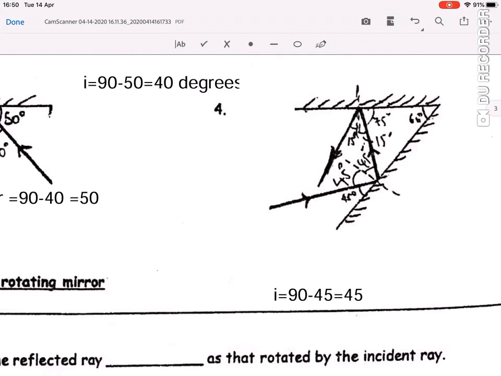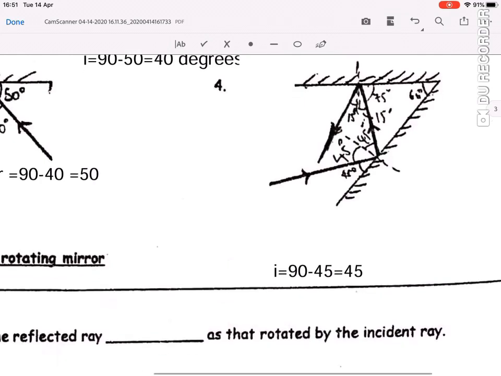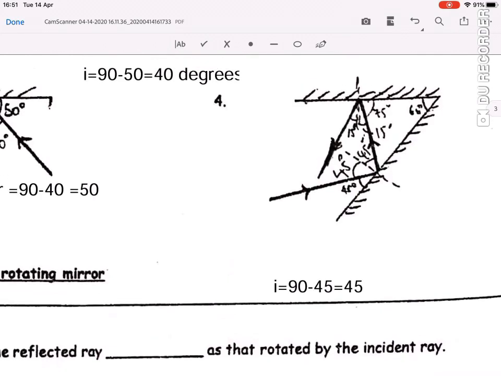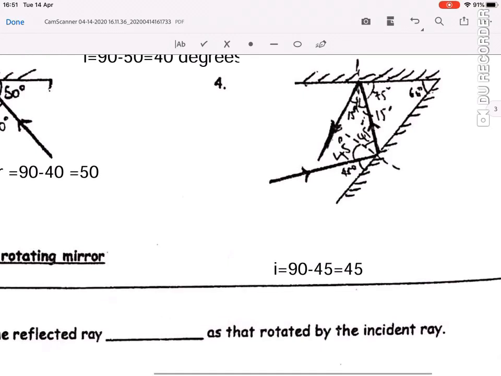You need to know that all these angles would have a normal of 90 degrees again. So on the top, you will need to draw in a dotted line. From that dotted line, you can measure it, and it will give you 15 degrees. And that's why we see that at the top there, we got 15 degrees as the incident wave.